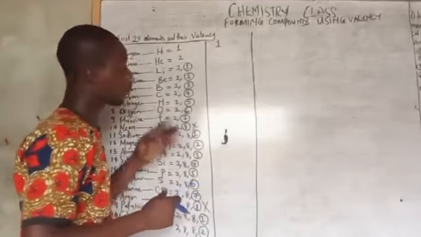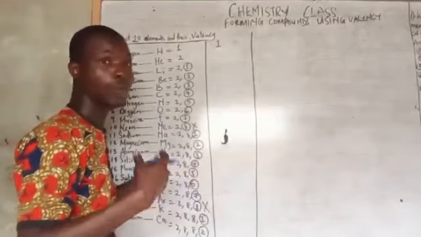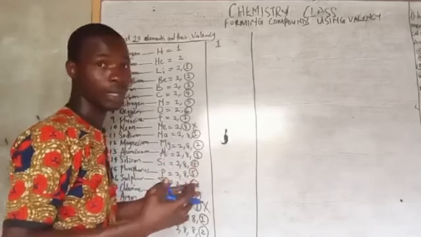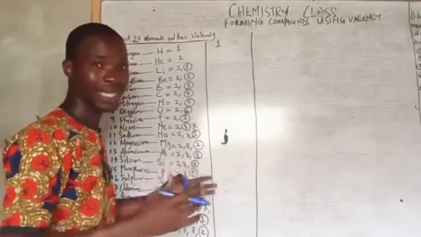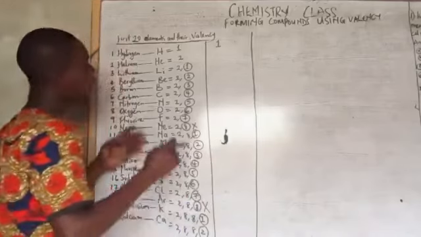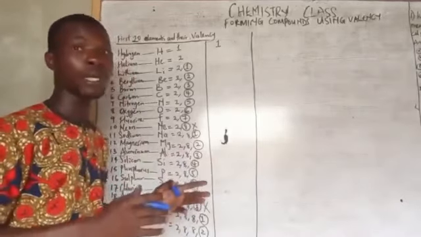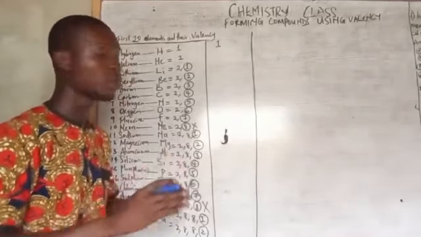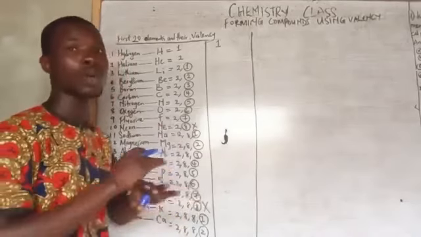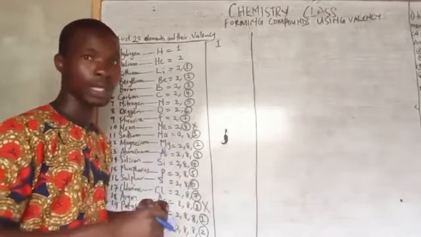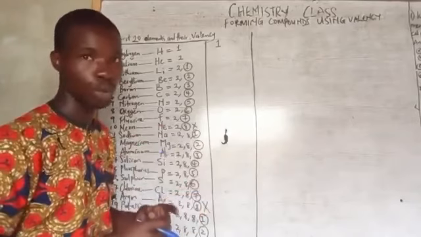If it goes from 4 to 7, we subtract it from 8, and the remaining answer we have is the valency. If we subtract it from 8 and we have 0, then such an element does not have any valency, and they are usually called noble gases.